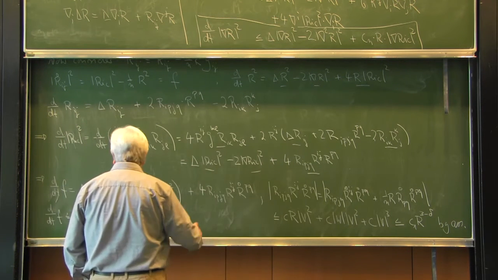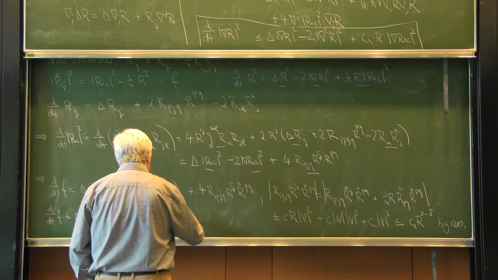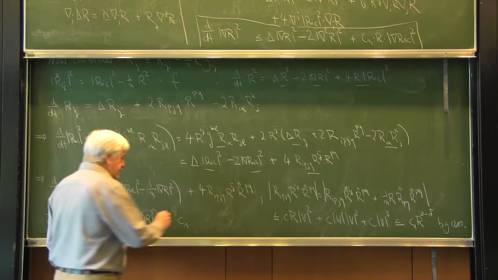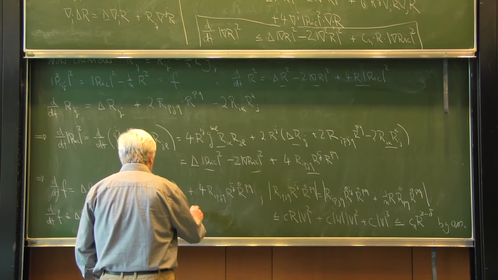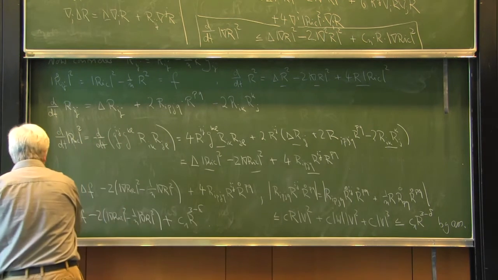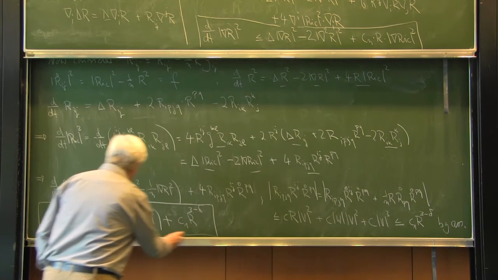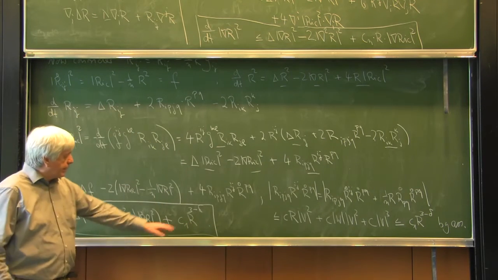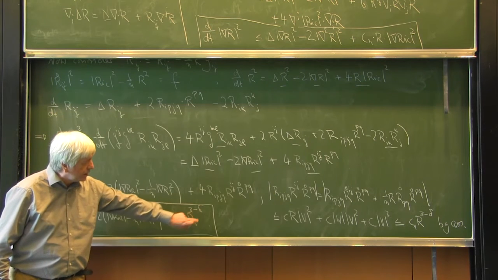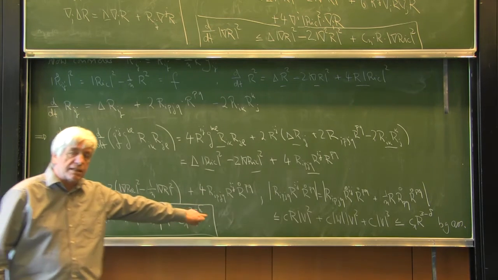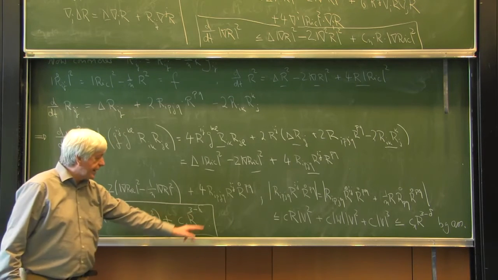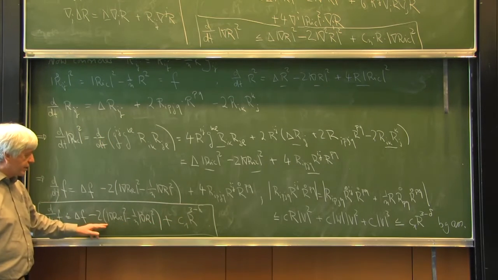And we only pay with a bad term which depends on our assumption and on n times R to the 3 minus delta. Which is a good thing here. The idea is that this is a lower order term because of the delta. So that's where we're making use of our assumption. In terms of the scaling, this is lower order compared to this.